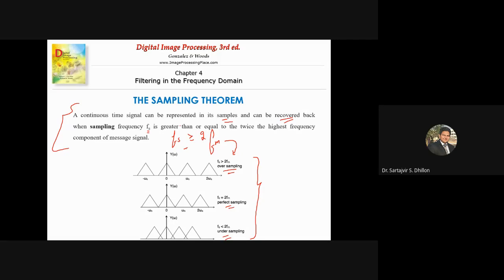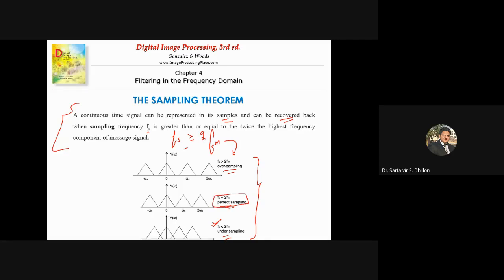If the sampling frequency is less than twice the message frequency, then that is undersampling. If it is equal to twice the message frequency, then we say it is perfect sampling. Please note that we also know this term as critical sampling.